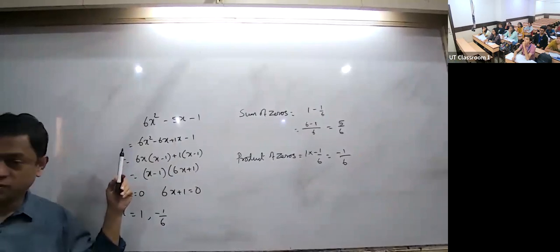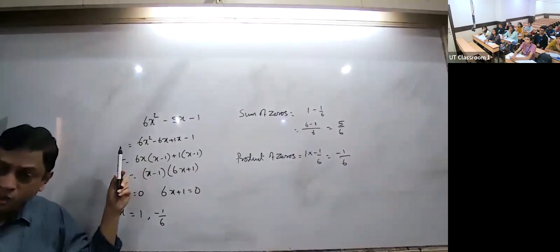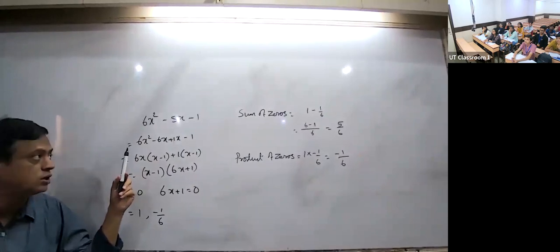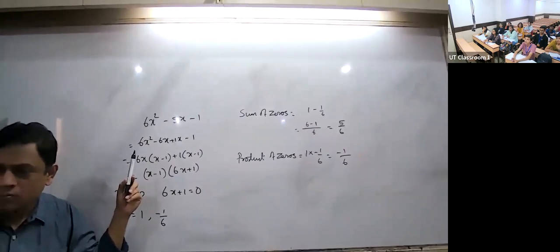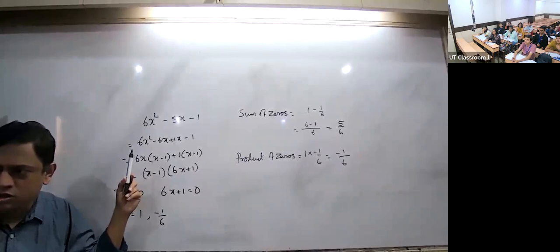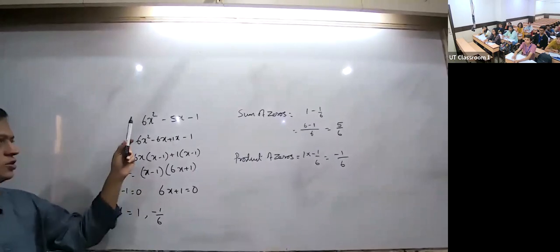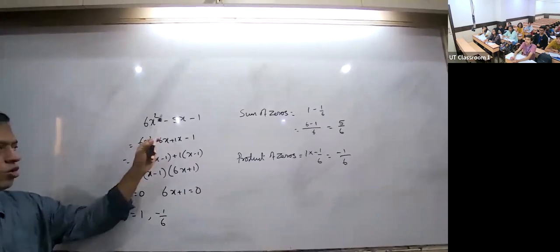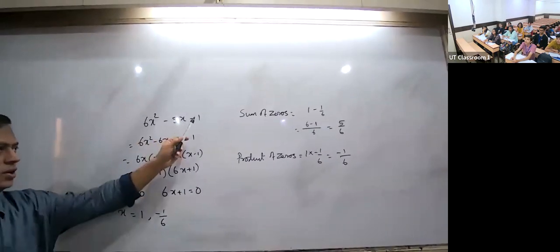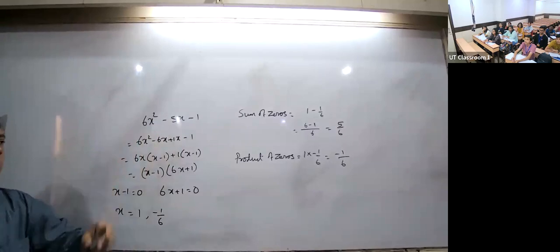Now look over here. What is the coefficient of x square? 6. What is the coefficient of x? Minus 5. What is the constant term? Minus 1. Are you all followed? The coefficient of x square is 6, the coefficient of x is minus 5, and the constant term is minus 1.